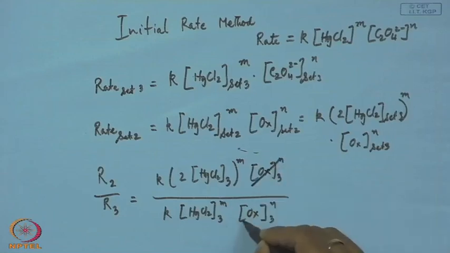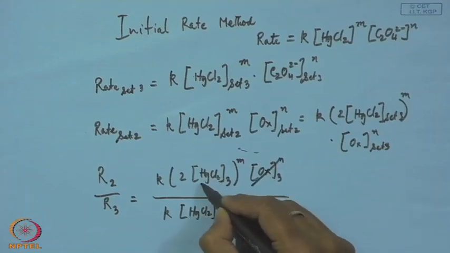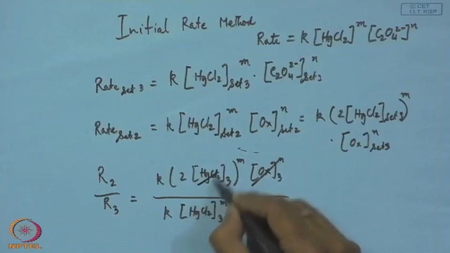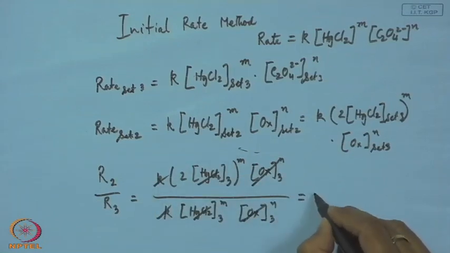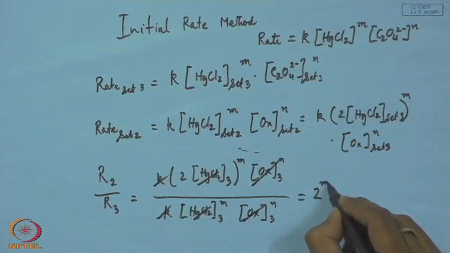So, these two will cancel, again these two will cancel, K will cancel. So, this will be giving you 2 to the power m.